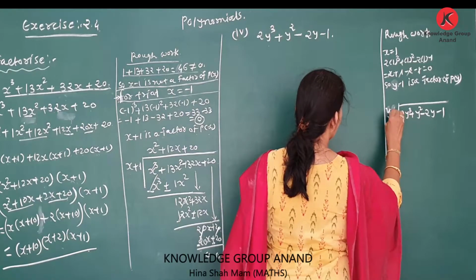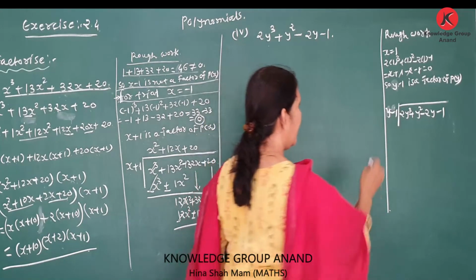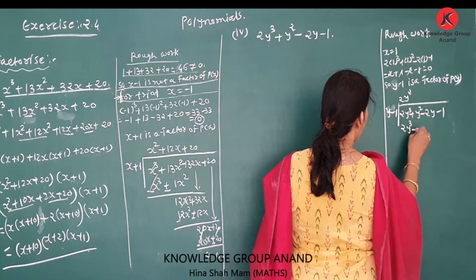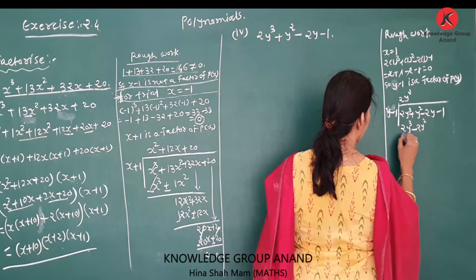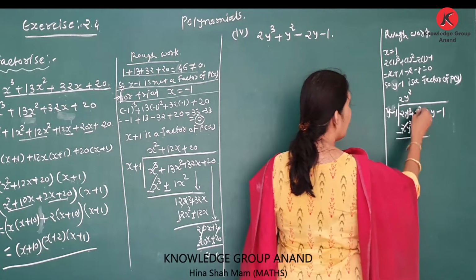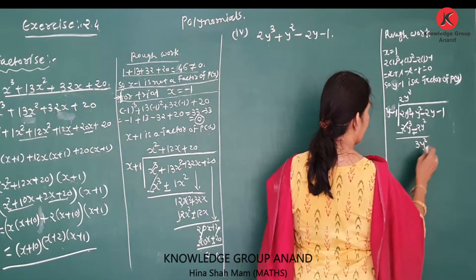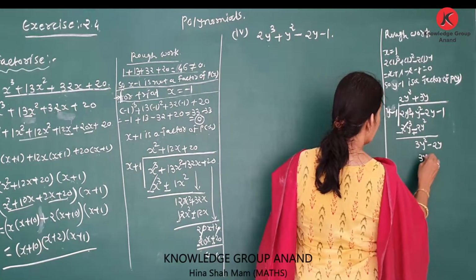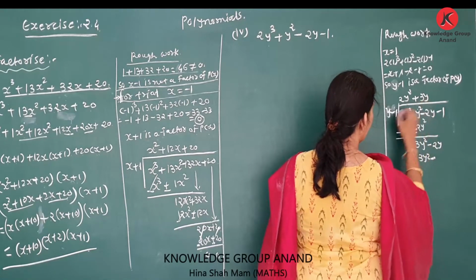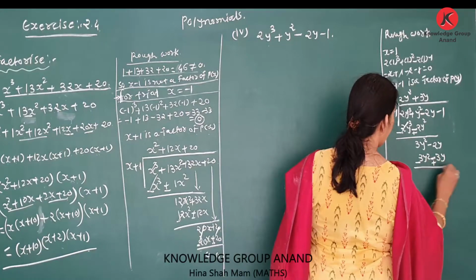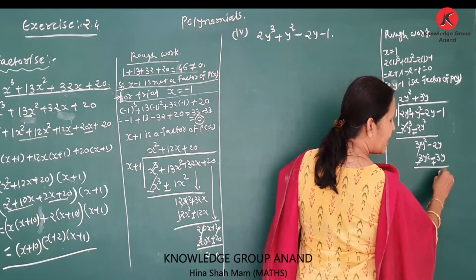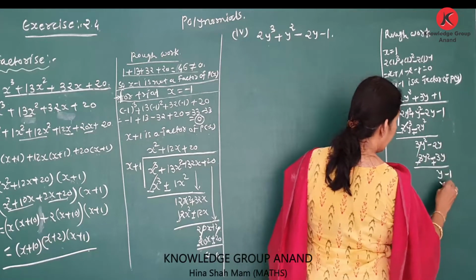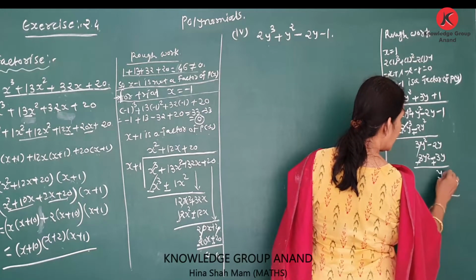Then we write y minus 1. 2y cube divided by y gives 2y square; 2y cube minus 2y square, then y square plus 2y square gives 3y square minus 2y; 3y square minus 3y, then plus y, then minus 1 plus 1, remainder 0.